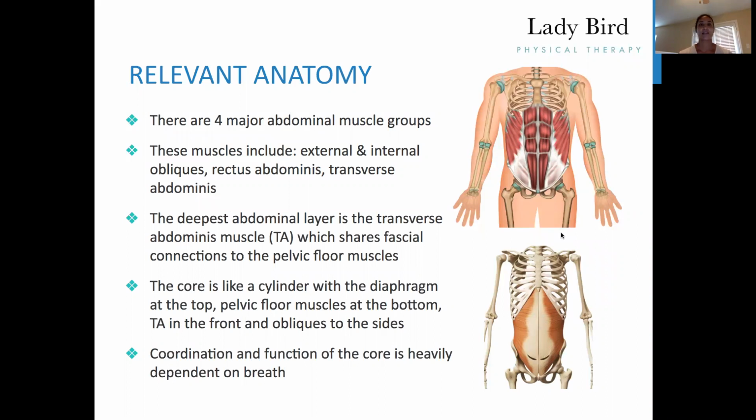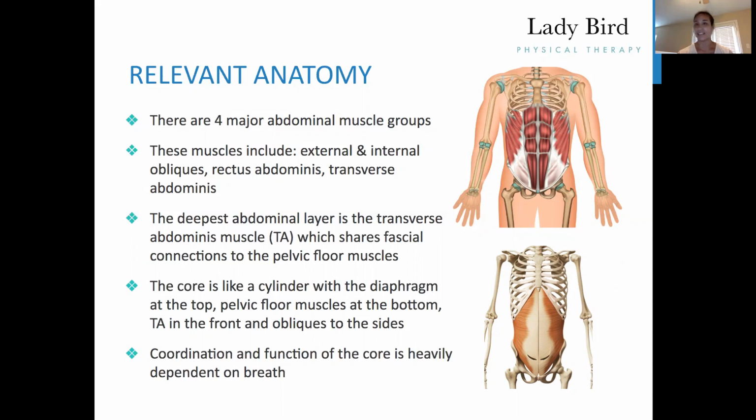So let's talk about some of the relevant anatomy. So there are 4 layers of abdominal muscles. You have your external and internal obliques, the rectus abdominis, and then the transverse abdominis. So going back to that fancy definition, the rectus abdominis really is just your most superficial, or the top layer of your abdominal muscles.